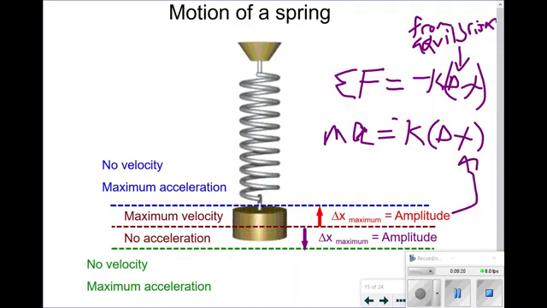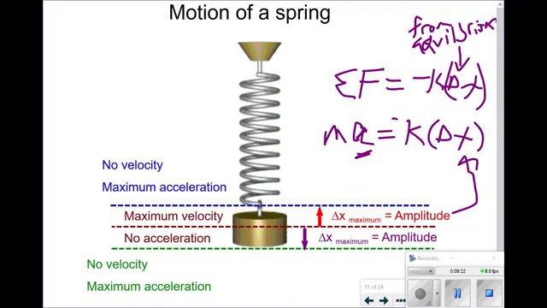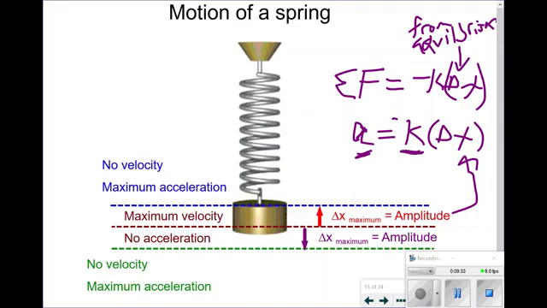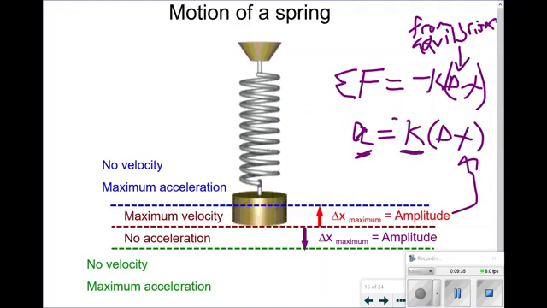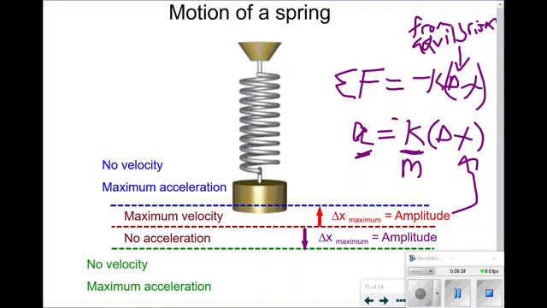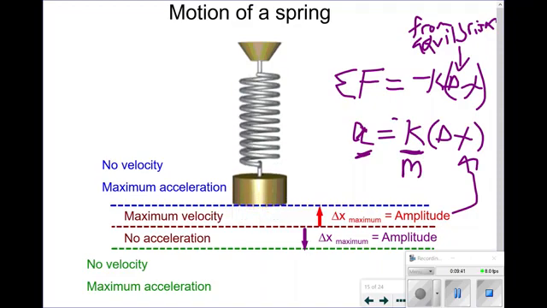This means as delta x gets larger, a must get larger, for the very simple reason that the spring constant is in fact a constant, and my mass is also a constant. I could even rewrite this as my acceleration is equal to my negative spring constant divided by my mass, all times my displacement from equilibrium.